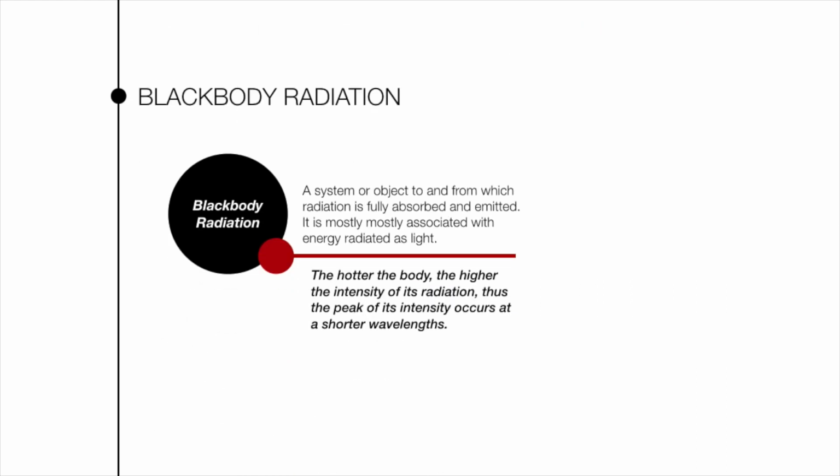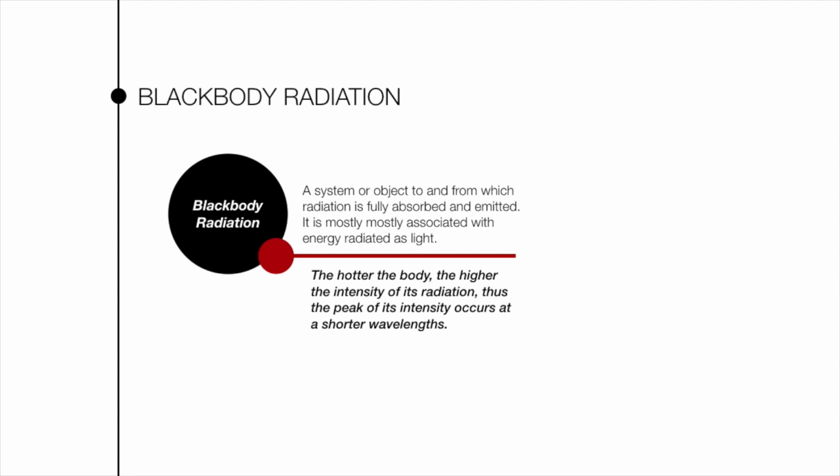What is blackbody radiation? Blackbody radiation refers to a system or object, a blackbody, to and from which radiation is fully absorbed and emitted. The radiation is mostly depicted as light radiation by their wavelengths. The peak of its wavelengths depends on the light's temperature.